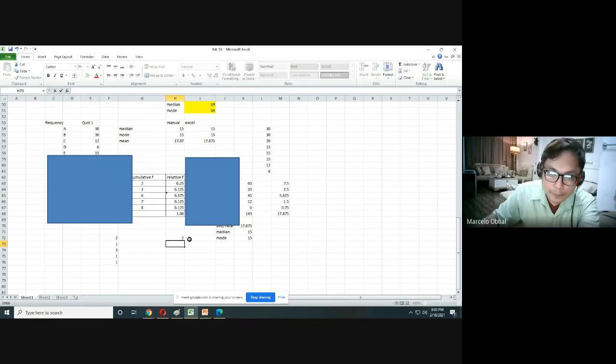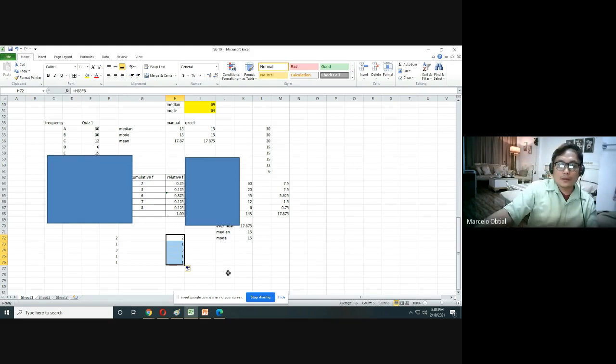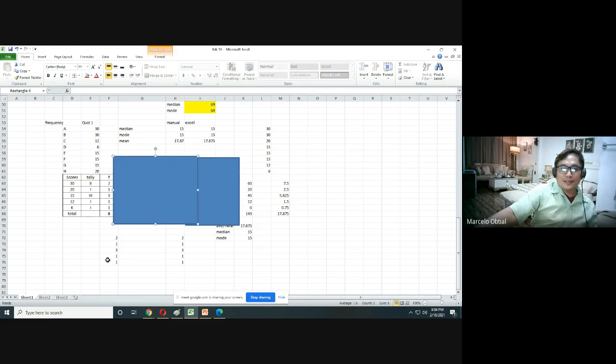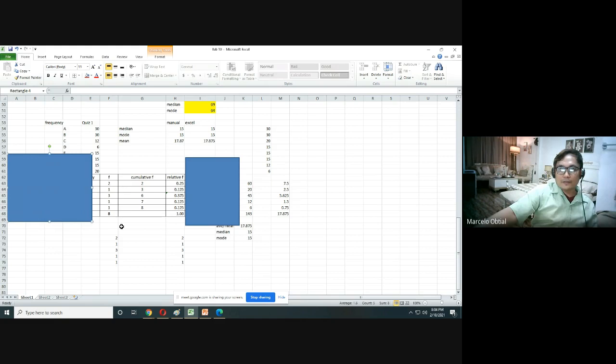Recopy the formula. Copyahin na natin formula, no? We'll drag that, okay, baba. Okay. Very good. That will return immediately sa frequency table. Frequency na column. Not sa cumulative frequency. Okay? Magic.